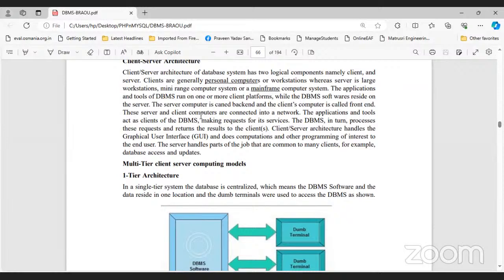The database is also in my system, and I'm using my database. So my laptop works as a client as well as a server. That is called the one-tier architecture. One-tier architecture means the DBMS software and the client are the same.